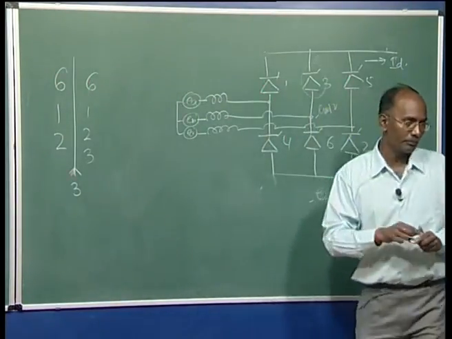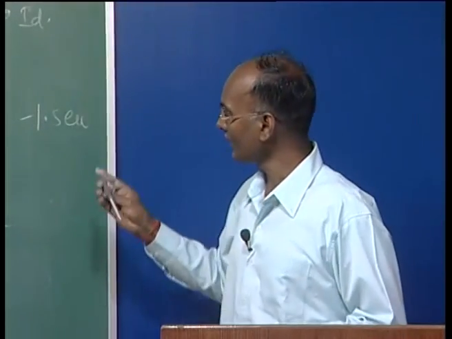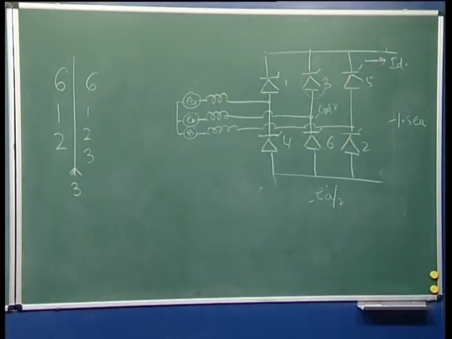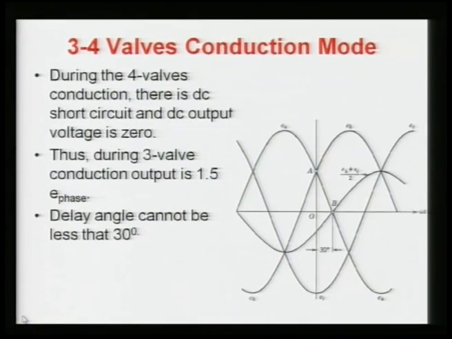Now, let us see where this voltage is. See this figure. Now, you can see this is your commutation voltage, that is EBA, because at point A the voltage EB minus EA is 0.